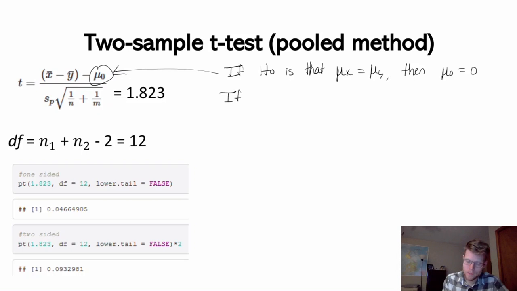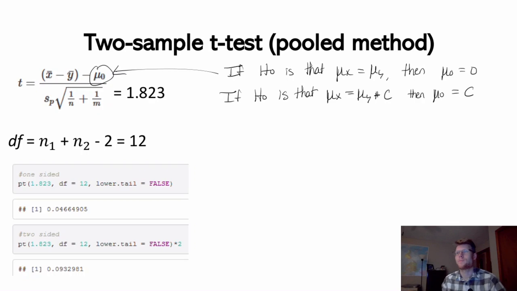If the null is that there is some constant difference between mu sub x and mu sub y, so I'm going to say mu sub x equals mu sub y plus some constant, then mu sub 0 equals that constant.